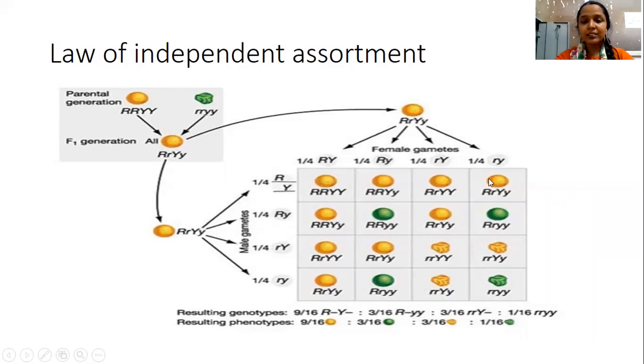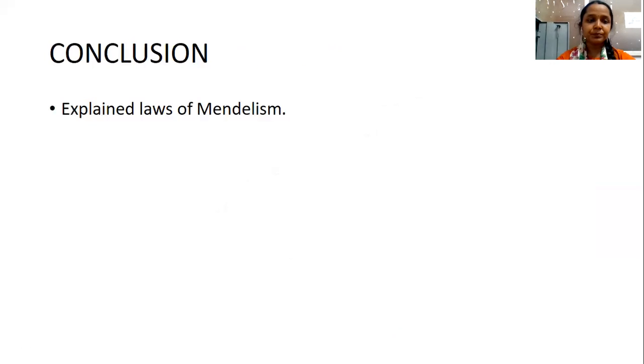So in all these combinations, the overall total population of the F2 will be 16, because all the possible ways the gametes had been segregated and have fused in the F2 generation. So that is what the law of independent assortment explains.